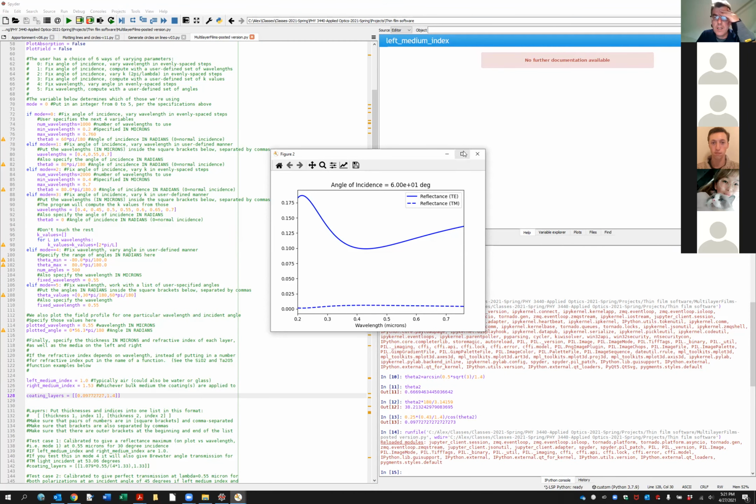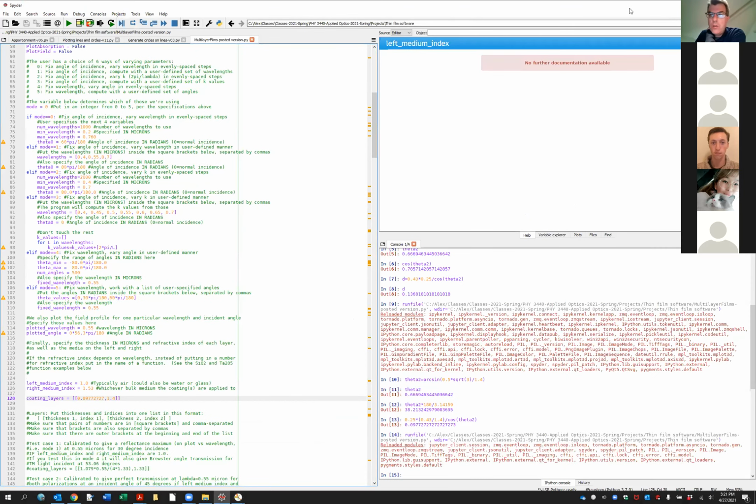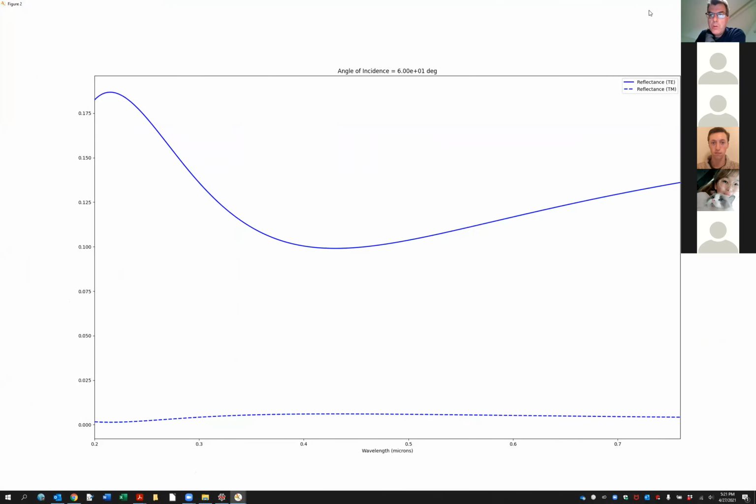And the TE reflectance, the reflectance of one of the polarizations, is clearly a minimum around there, although we could quibble over whether we got exactly.